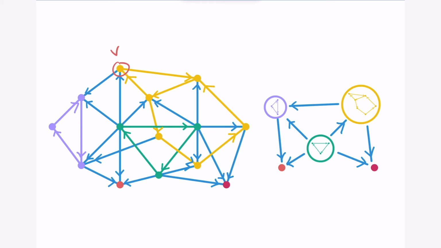But if I had run it from here, I would visit this part of the graph and this part of the graph, and that might be in some sense less of the graph I'm searching, right?